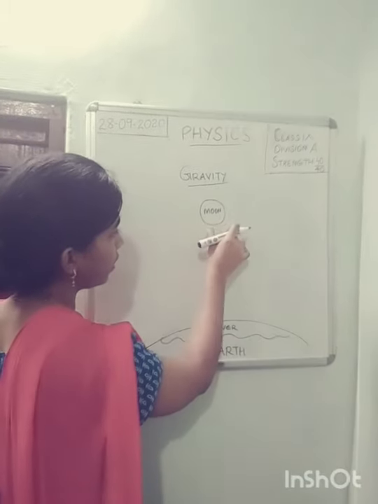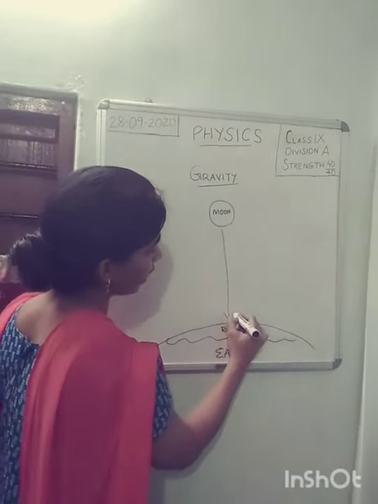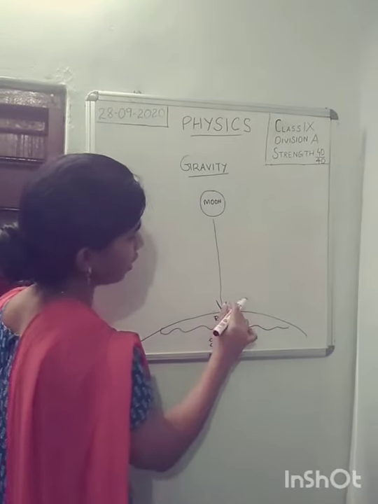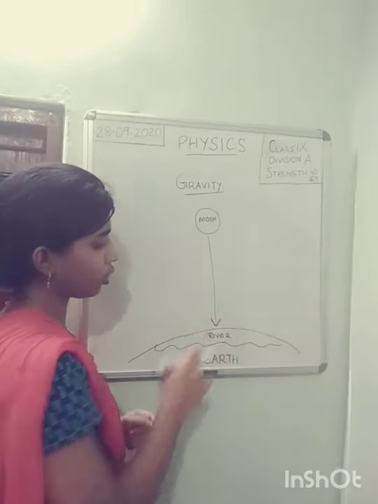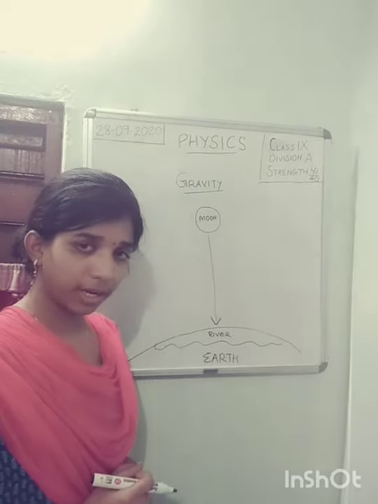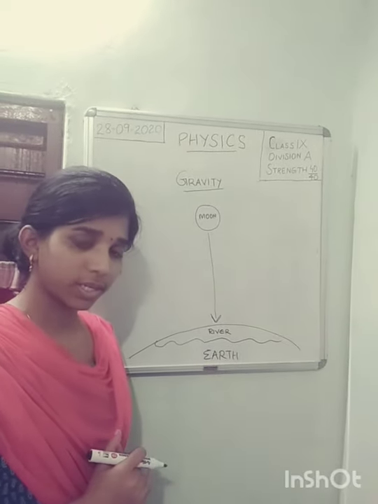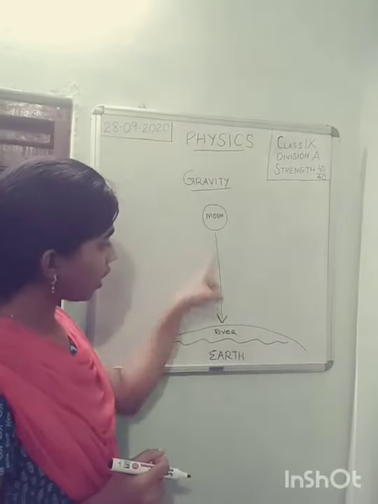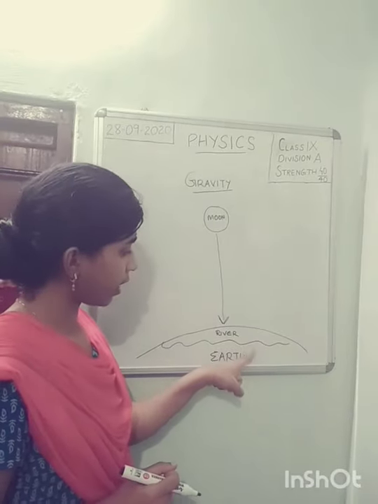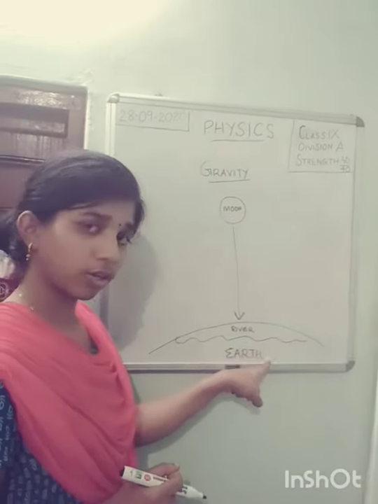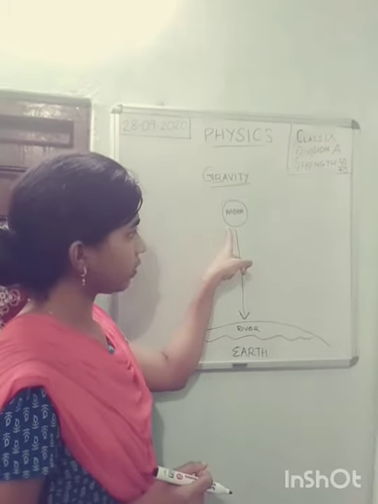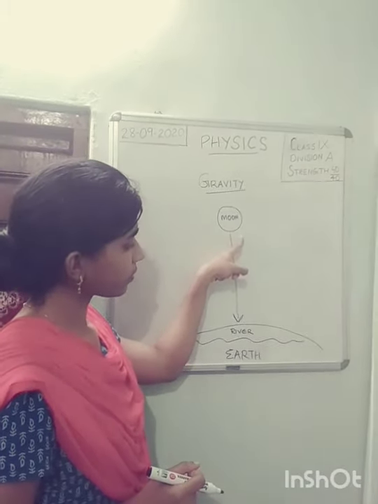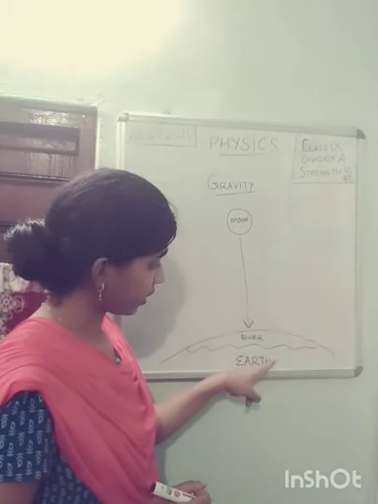So the gravitational force of earth is pulling the moon towards the earth. That we learned earlier. Now my question is, is the moon exerting an attractive force on earth?